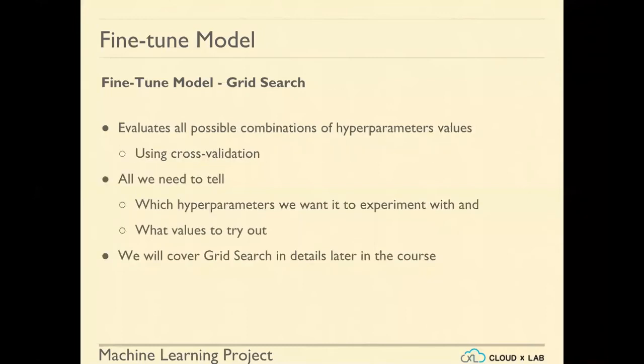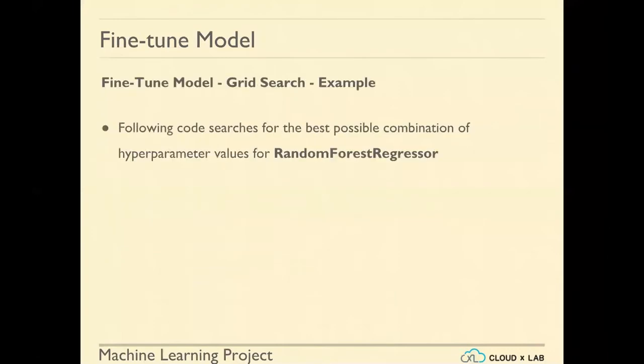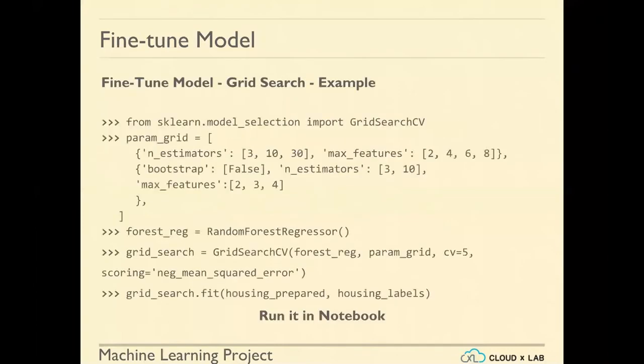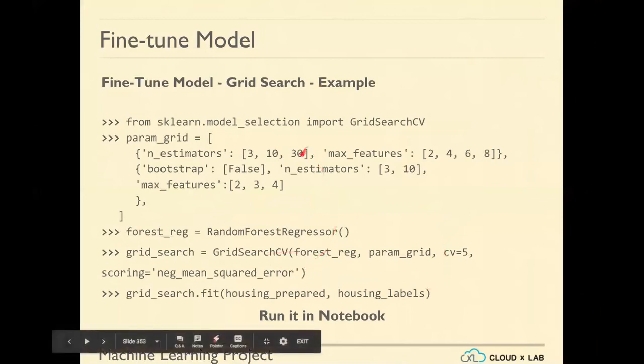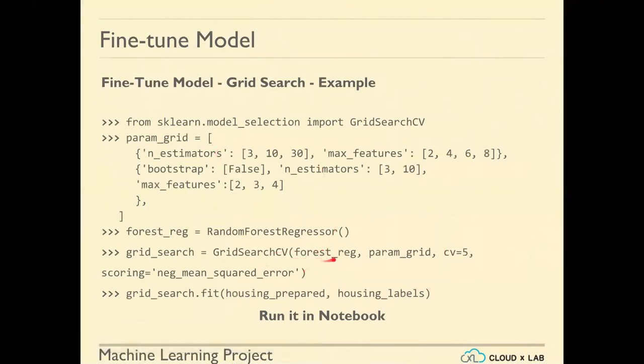For example, this is our parameter grid. It's going to provide these hyperparameters to this model called forest regressor.